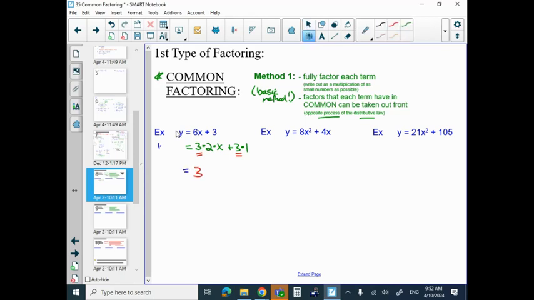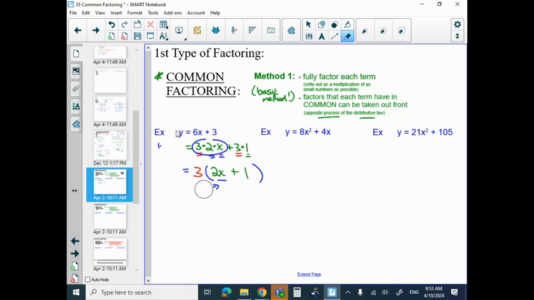And the distributive law process would tell you, if you had something in here, you'd multiply it and you'd get all of these things, right? Well, the 3's already part of that multiplication, so all you really need is the 2 and the x. So if I had a 2x, basically the stuff that's not in common, the leftover bits, right? Once you take the 3 out front, you're left with a 2 and an x. And then on this side, you're left with the 1, right?